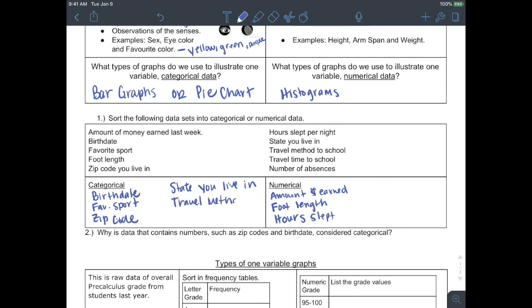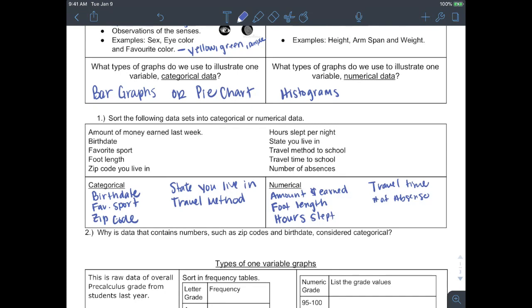Travel time, that's a measurement. Number of absences. We're measuring, counting the number of absences. So if we ask that one as a question, how many absences did you have last week? We would say 0, 1, 2, 3, 4. Hopefully you had 0.